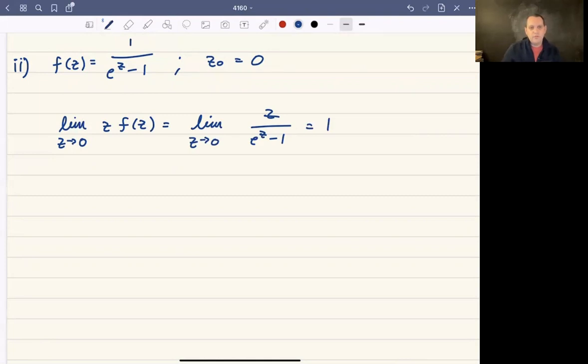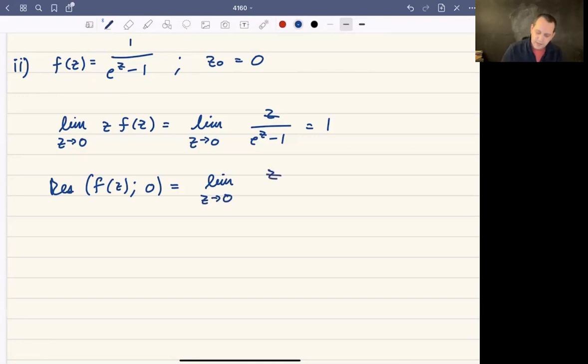And if we have a pole of order k from the 5th rule that we talked about in the previous video, we know how to handle that. So that tells us that our residue of f at 0 is going to be the limit as z approaches, in this case, 0, of z times f of z.